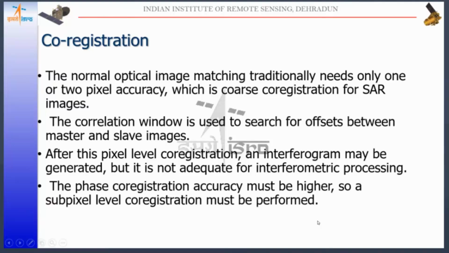It means in the optical case, we have up to pixel level accuracy. We have two optical images, and with the help of cross correlation we have to find one translation, meaning the shift in x and the shift in y. That shift can be used for full global registration, which is called coarse registration.